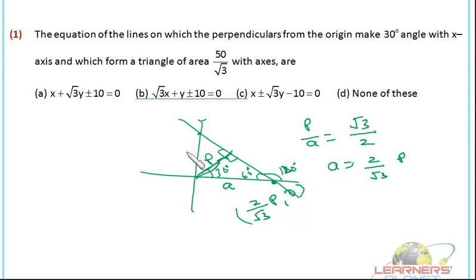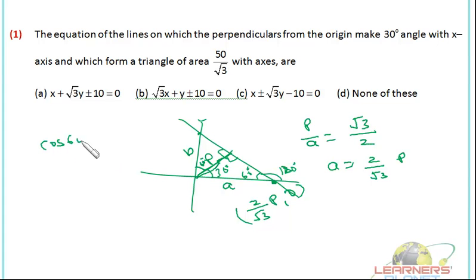Similarly, in this triangle I assume this length to be p. So this is 30 degrees, that means this angle is 60 degrees, right? So in this triangle we can find the relationship between this and this. So this is base and this is hypotenuse. The relationship between base and hypotenuse is given by cos theta.